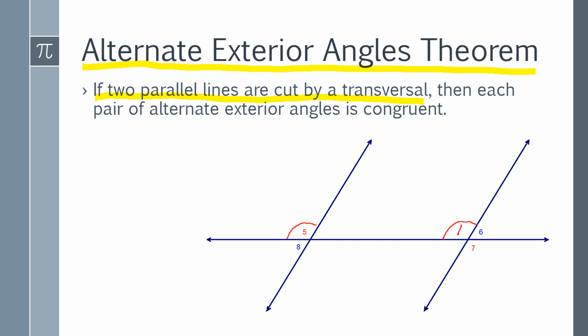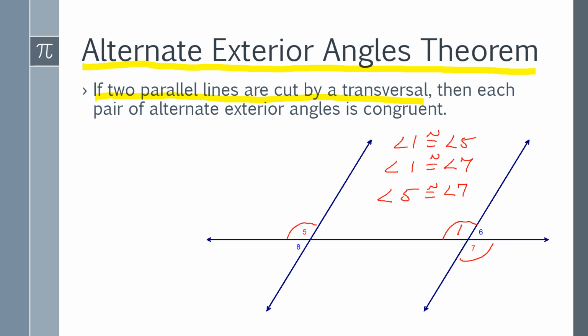By vertical angles, angle 1 and angle 7 are congruent. So now I can look at this and say, well, since angle 1 is congruent to angle 5 and angle 1 is congruent to angle 7, then angle 5 is congruent to angle 7 by substitution.